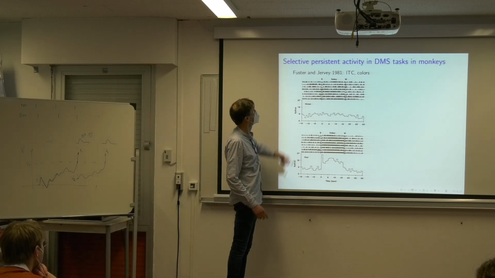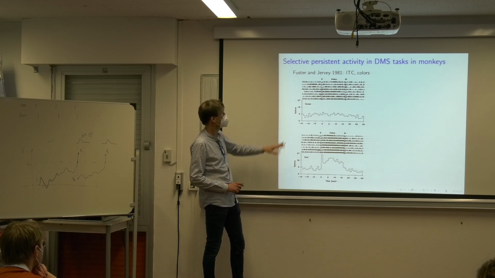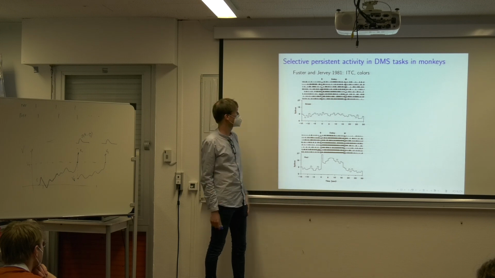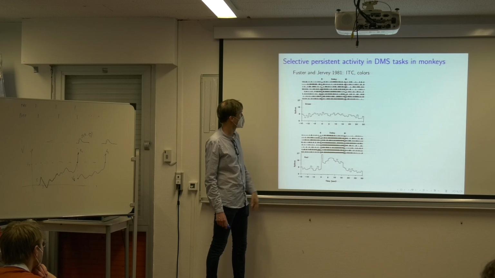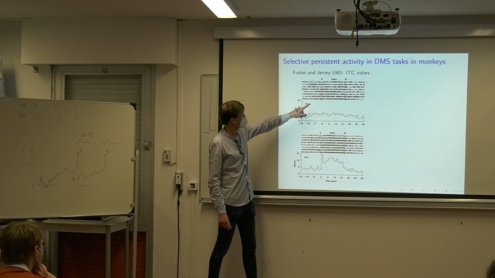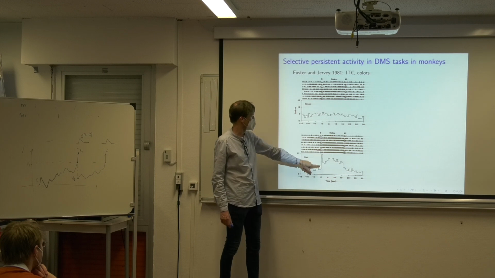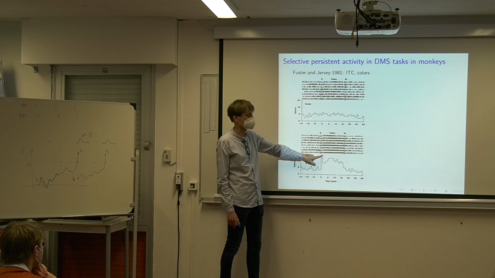Joaquin Fuster from UCLA at the beginning of the 80s, where he just used basic colors, so color screen. So here is a green color, here is a red color. This is a neuron that, when you present a red color as a sample, increases its firing rate, so it's sensitive to color, this particular neuron.